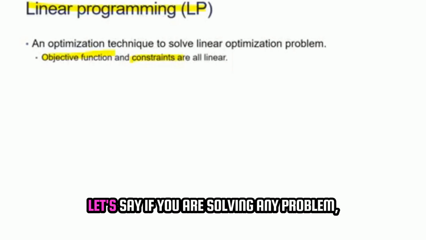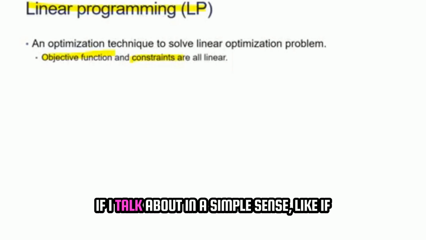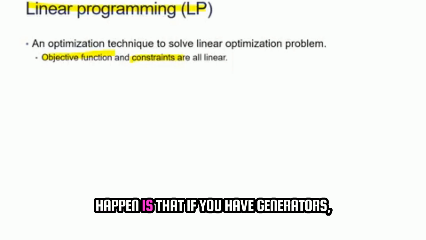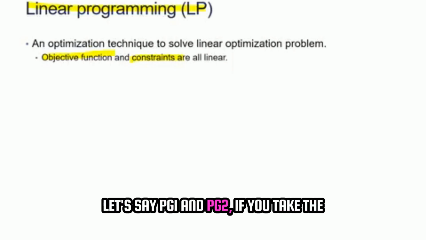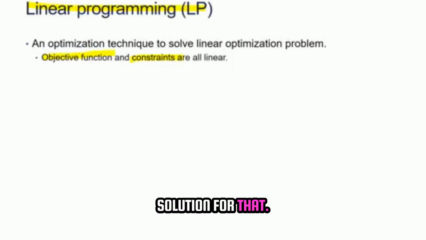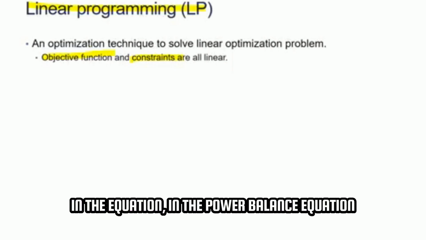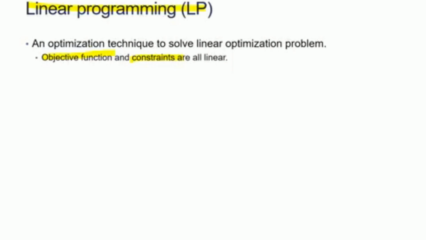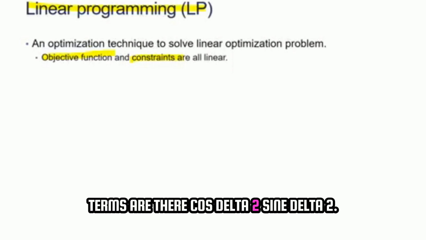Because if you are solving any problem, even power system problems, and you have more than one answer for an optimization problem, then what will happen? If you have generators, say PG1 and PG2, in the same example, and more than one solution for that, because in the power balance equation, on the right-hand side there are trigonometric terms, cos delta 2, sin delta 2.